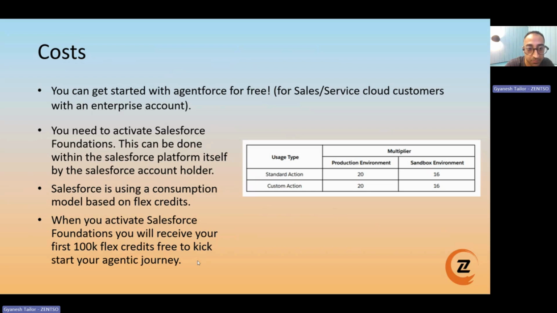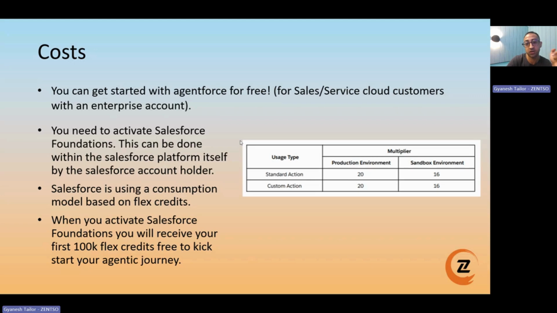When you sign up for Agentforce, they have two consumption models. One is a consumption model which is based on flex credits. For every action that the agent has to do, it costs 20 credits. For instance, in what I demonstrated, where it was telling you the revenue, it's triggering an action to tell you that.